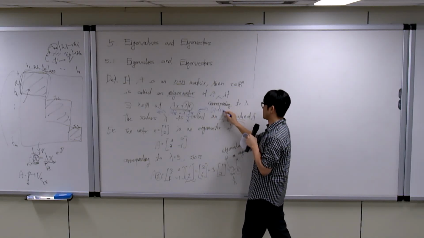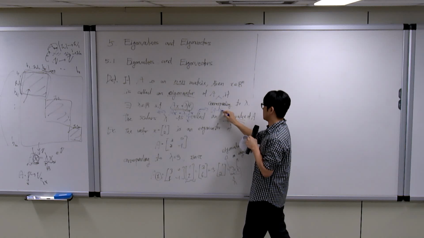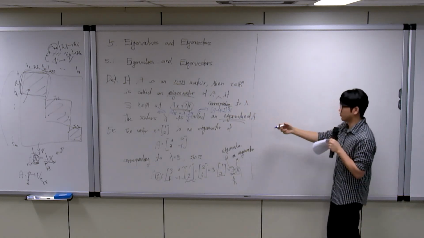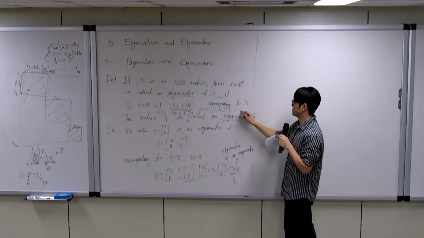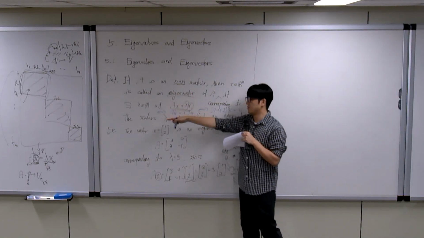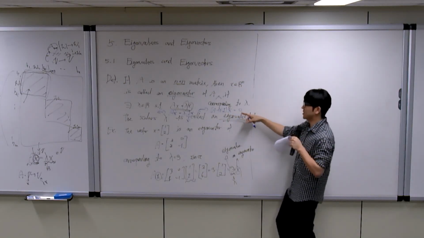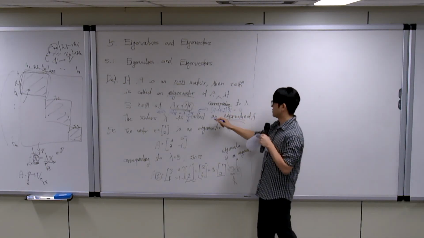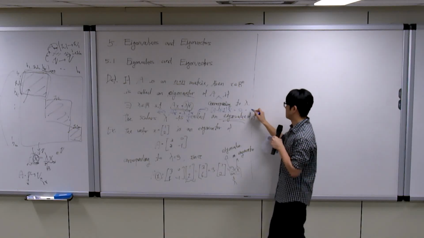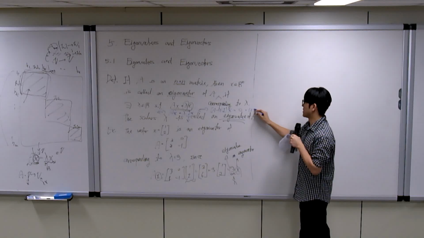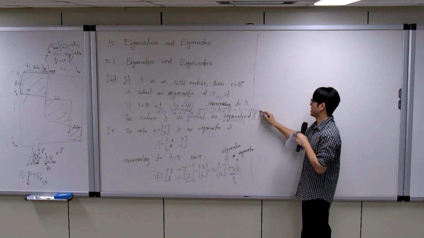from the distributive rule, by calculating A minus lambda I, it will be 0, or it is saying lambda I minus A x equals 0.